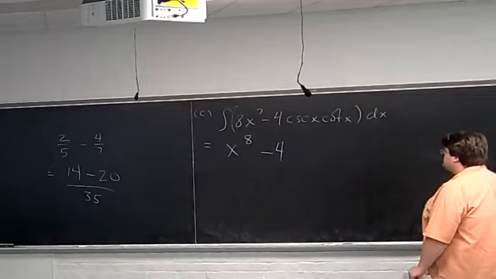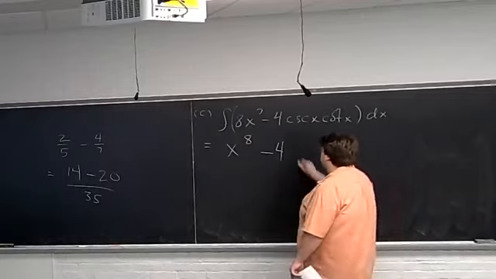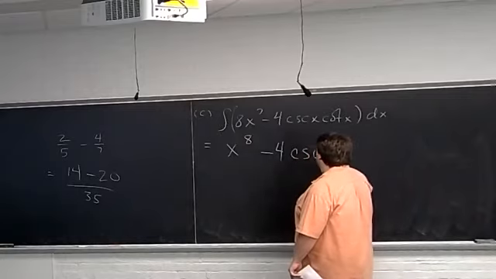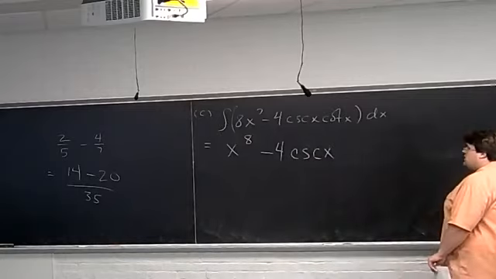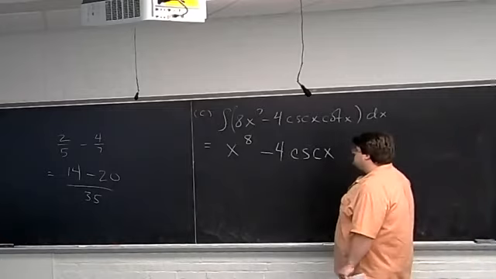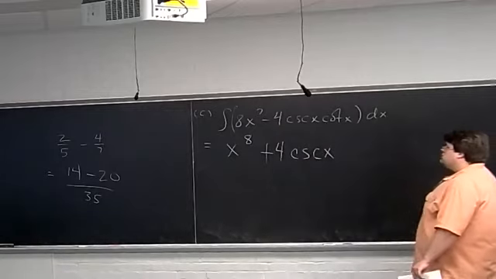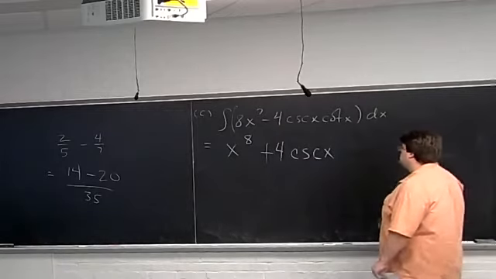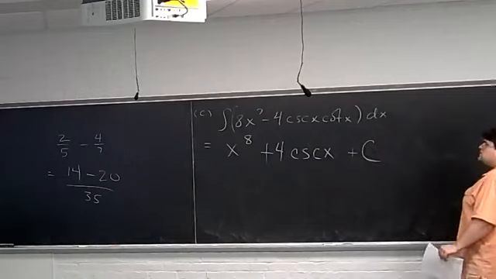Well, the derivative of cosecant x is negative cosecant x cotangent x. So the derivative of negative cosecant x is positive cosecant x cotangent x. We need to make that a positive so that the derivative works. Indefinite integral wants all antiderivatives, add a constant.